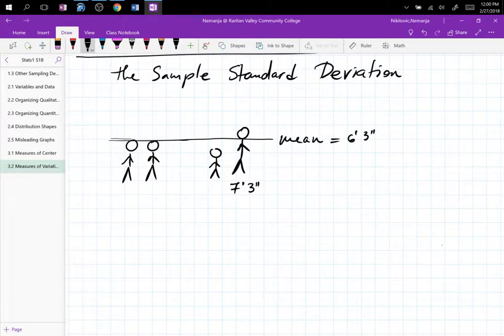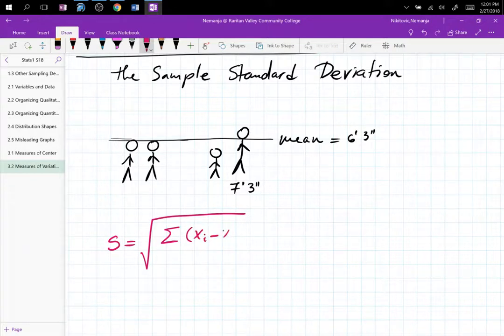Again, don't panic, lock the doors. Sample standard deviation is the square root of the sum of xi minus the mean squared, divided by n minus 1, as I'm writing these really cool things.